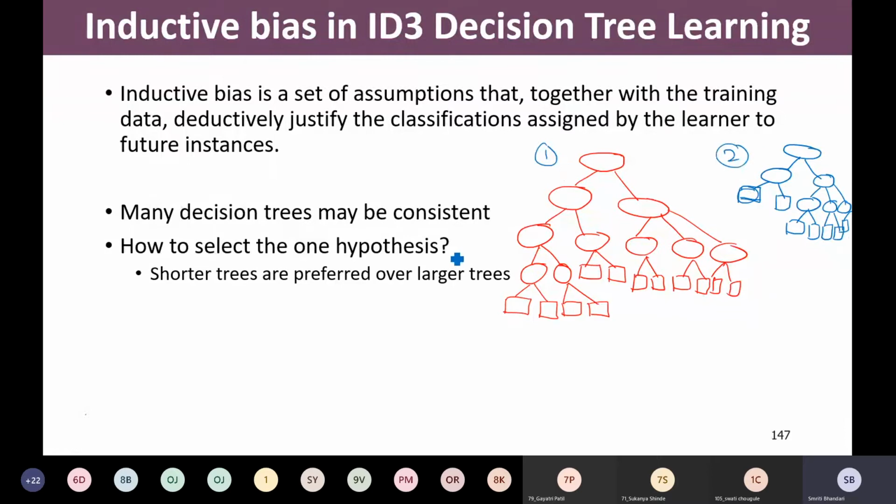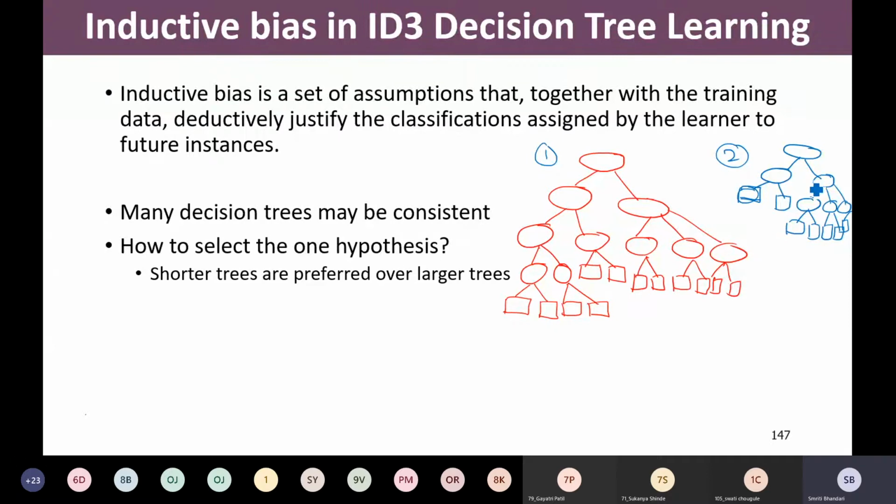Let us assume we are having two solutions here. How to select the one hypothesis? So the inductive bias in decision trees would be like this: the shorter trees are preferred over the larger trees. Tree number 1 is the larger tree, as it has more levels than tree number 2. So we may prefer to go with the shorter trees.